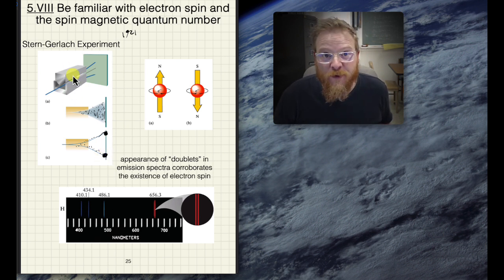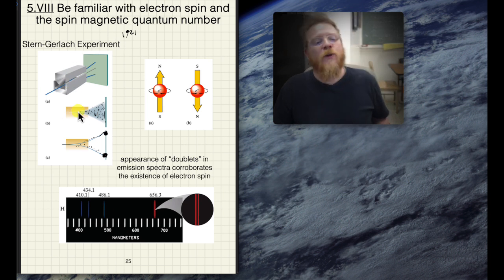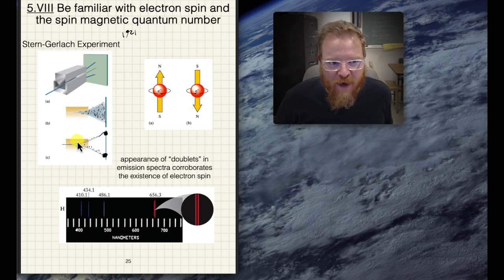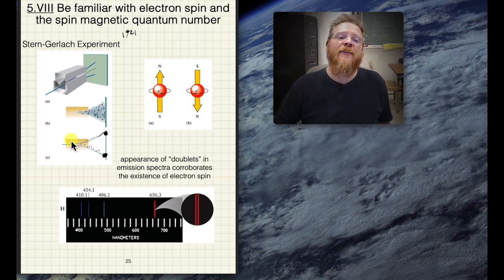And remember, there is a magnetic field going on here. If this were expanded into just a regular vacuum, no matter what the atoms were, they would do this. But now you can see the magnetic field influenced them. So they went on to propose that the electrons within those atoms have spin and thus create a magnetic moment.